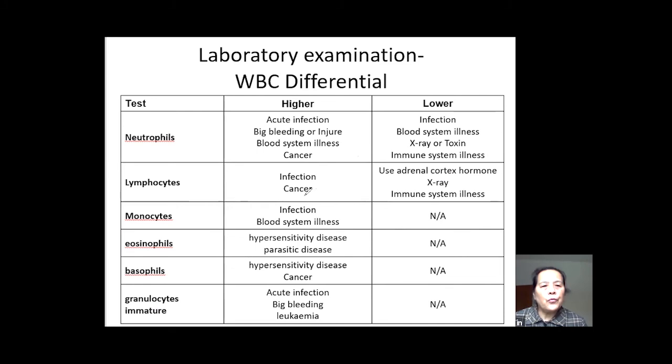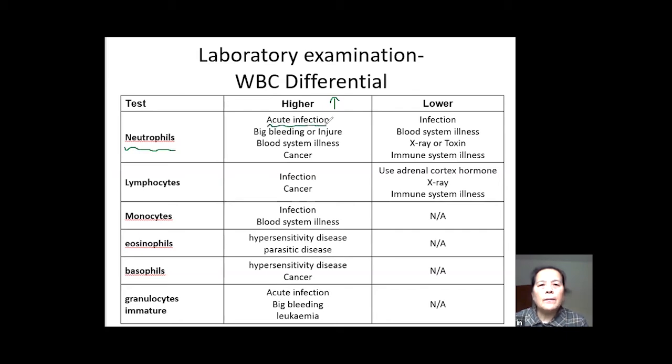So neutrophils, that's the biggest number in white blood cells. If the number gets higher, what kind of situation causes it?